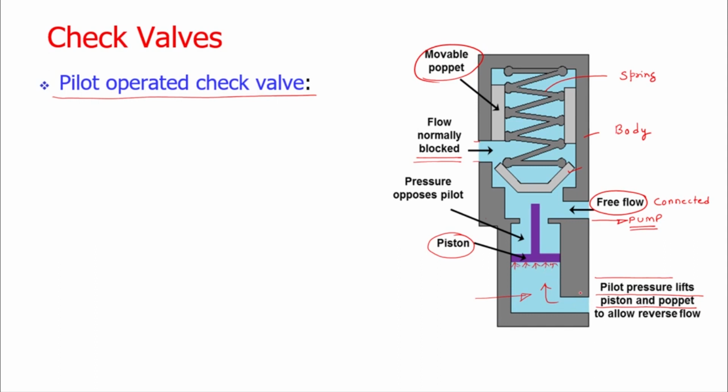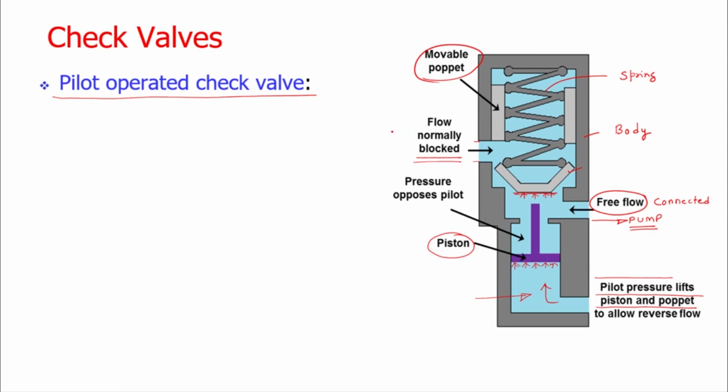As pressurized fluid is applied here, this piston will move in upward direction, and that piston applies force on the poppet. Due to the application of the force, the poppet is pushed in upward direction, the valve will open and the fluid from the pump will be applied to the particular load.